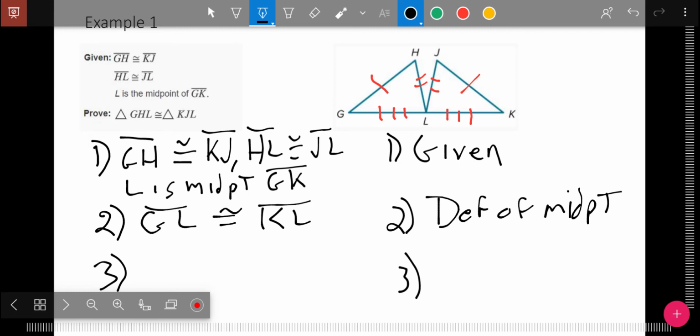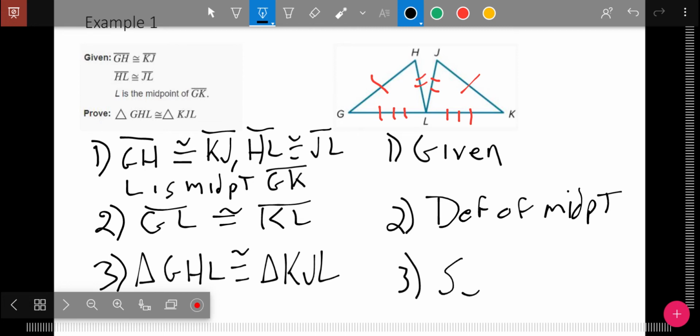Now, do I have enough information to say what I'm trying to prove? All I know right now is the 3 sides, but do all 3 sides match? Yes. And so I can say triangle GHL is congruent to triangle KJL by side congruence.